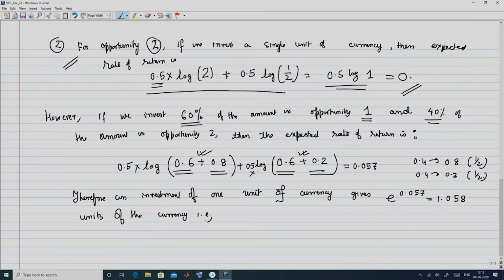That is, looking at this term 0.058, you have been able to achieve 5.8% return per period.